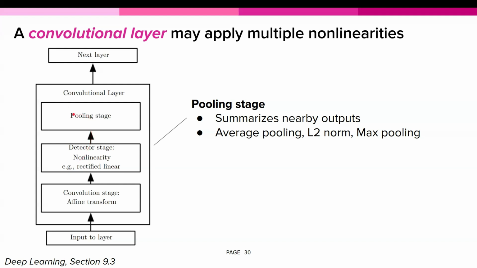And then finally, there's a pooling stage, which summarizes nearby outputs and reduces the spatial resolution. Pooling is what allows the network to generalize across small shifts or variations in the input, enhancing its translation invariance. There are a few specific types of pooling operations. Max pooling simply selects the maximum value within a region.